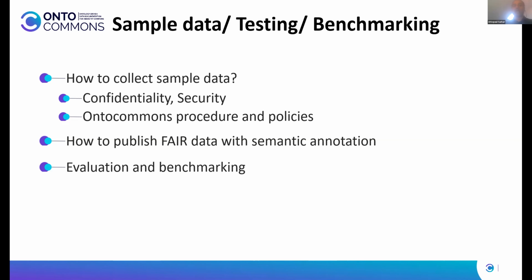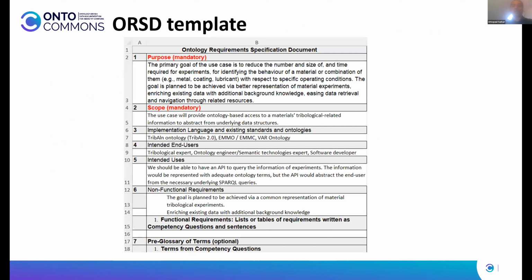You saw in that requirement document, number 3, where we collect the implementation language and existing standards and ontologies. If you are already using some ontologies in your project and you mention them here, that comes to our radar, and then we try to give some priority to that kind of ontology.